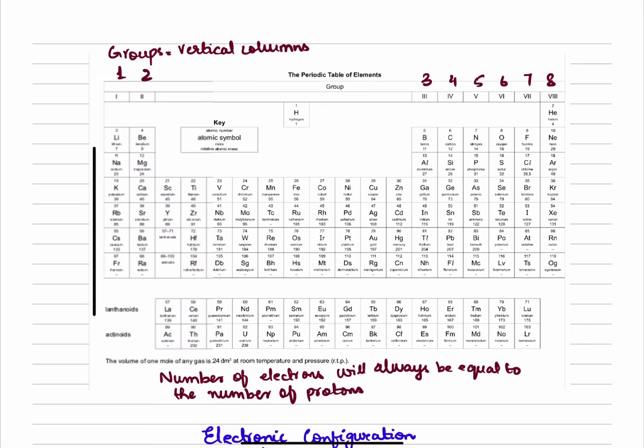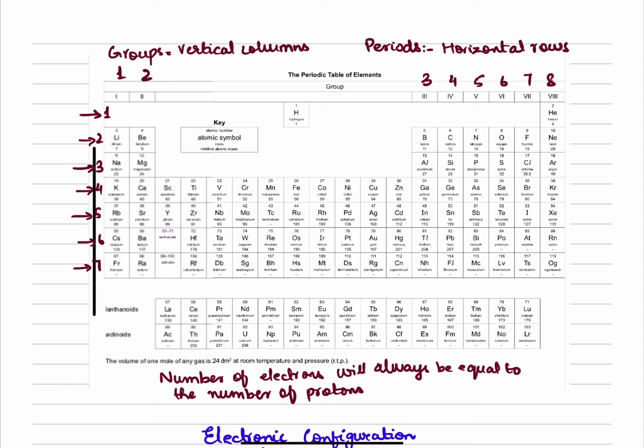And periods are these horizontal rows. So period 1, period 2, period 3, period 4, period 5, period 6, period 7. So these are the periods of a periodic table, right?